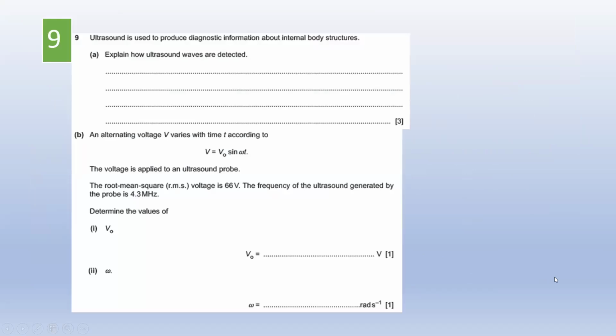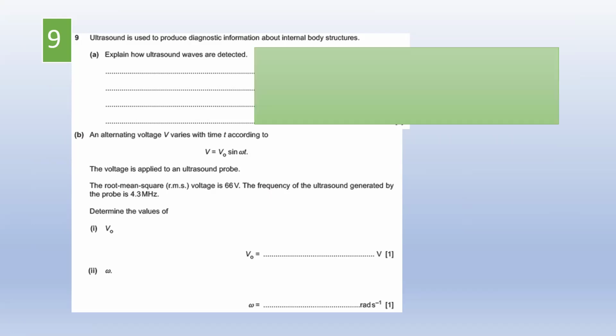Ultrasound is used to produce diagnostic information about internal body structure. Explain how ultrasound waves are detected. Three marks.